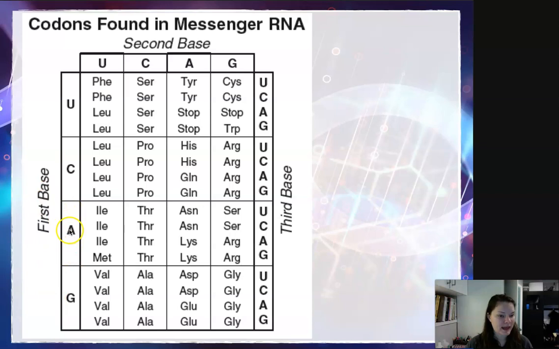So we're starting with A, and then we're going to go over to the column that has the header of U, which means we're going to be in this column and this row. So somewhere in this box, A, U. Our last one is G, which means we're going to come over here to the third base, look at the G, go over, and that is MET. Okay, a thing about amino acids that you should know.